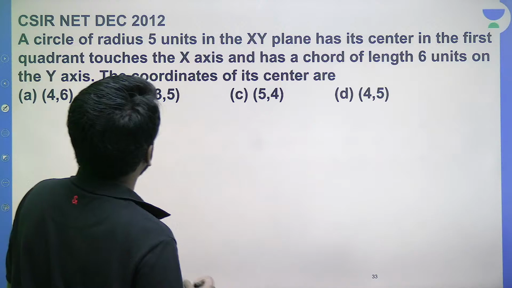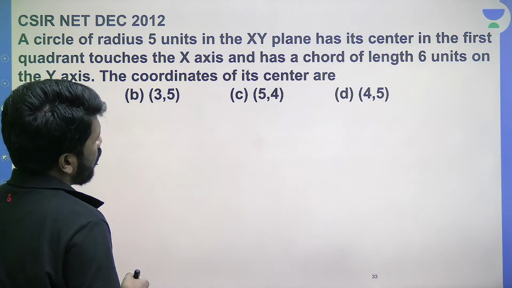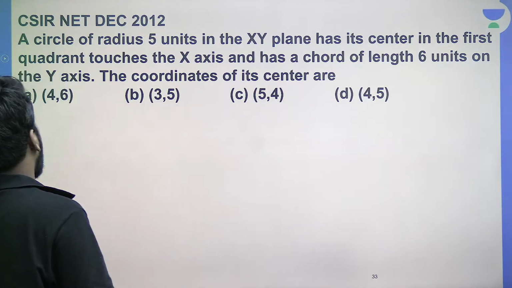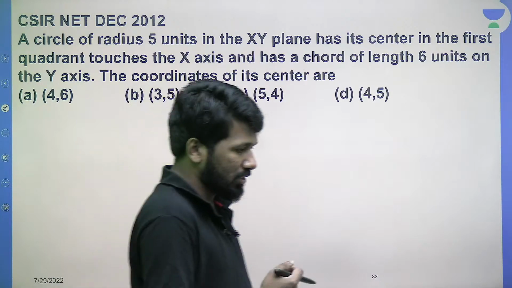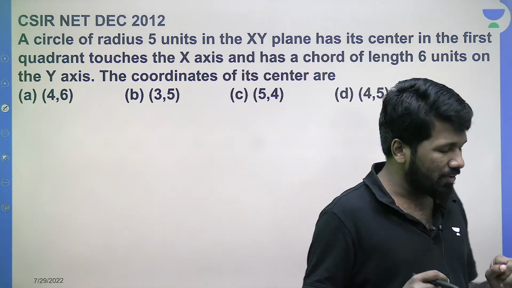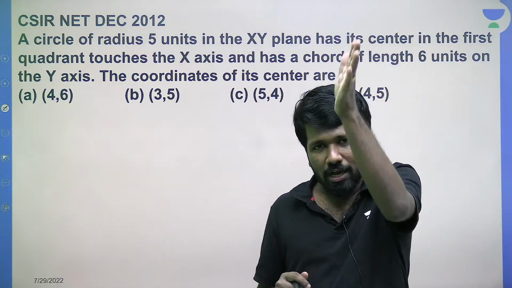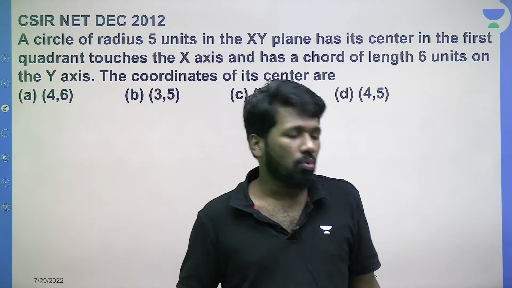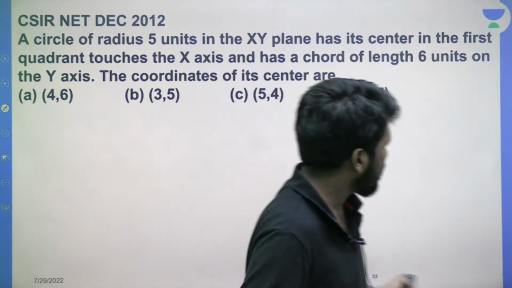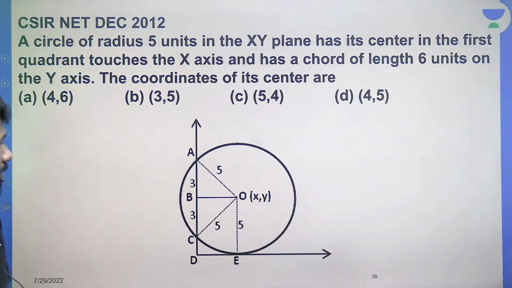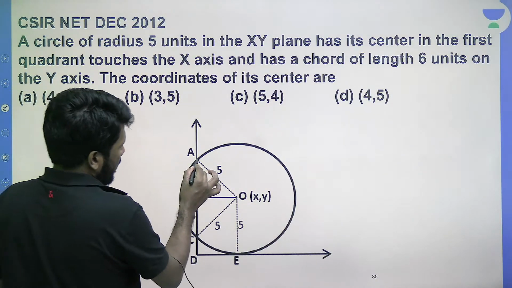Then it touches the x-axis and has a chord of length 6 units on the y-axis. So it is not tangential to the y-axis, but it is making a chord of 6 units. How does that look? This is how it will look. Are you all understanding? Chord of length 6 units.